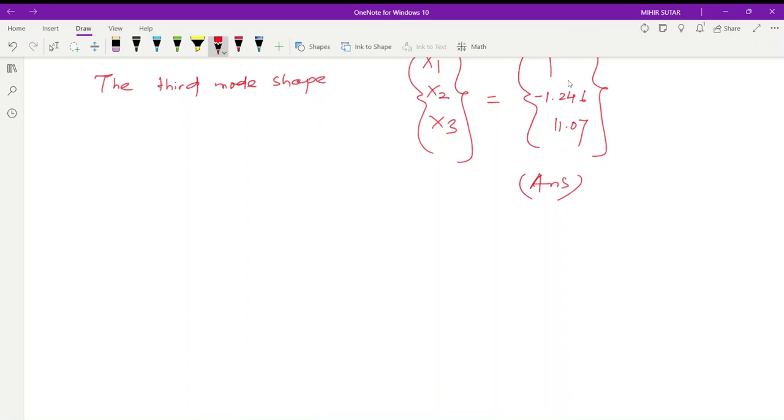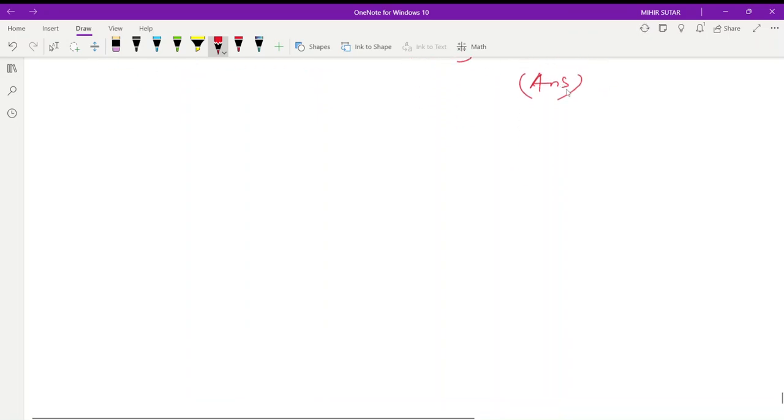So now we will continue with this Rayleigh method, okay, Rayleigh method.